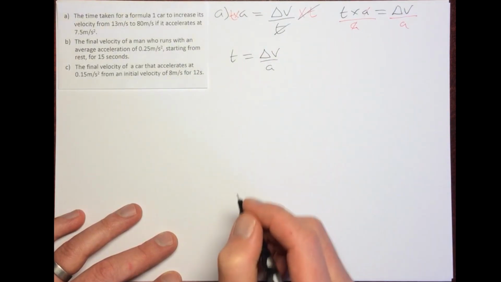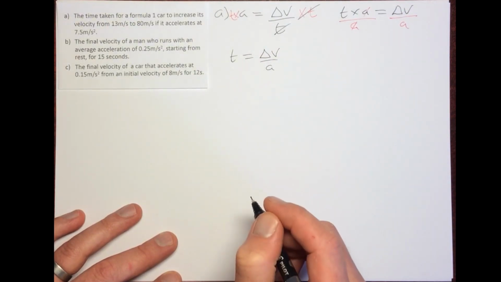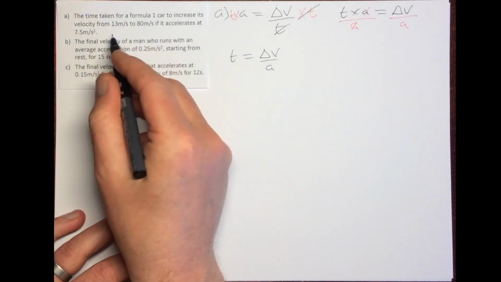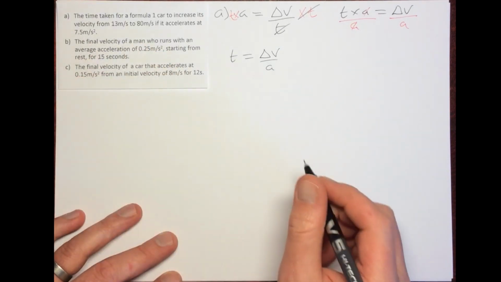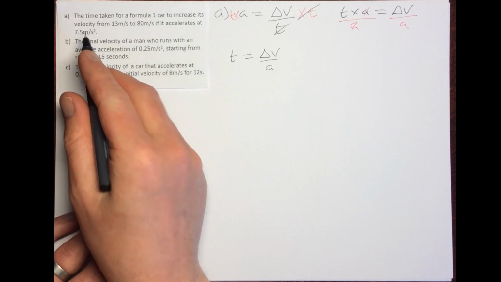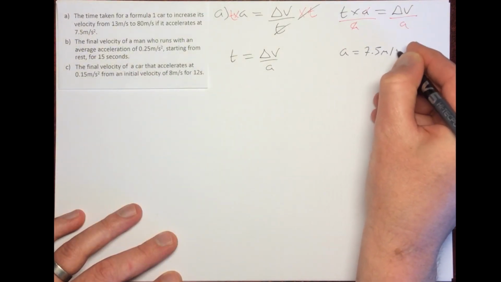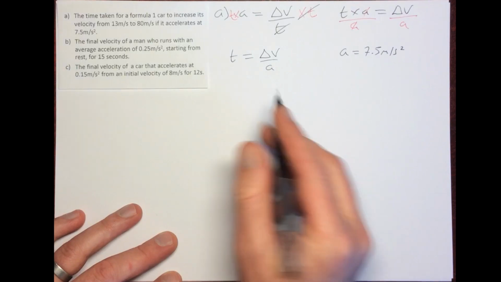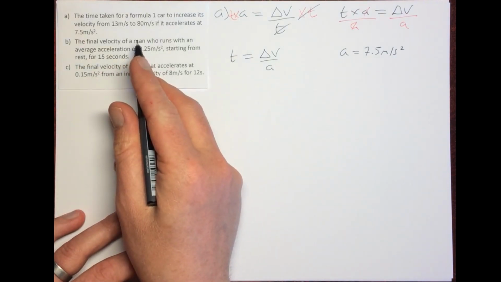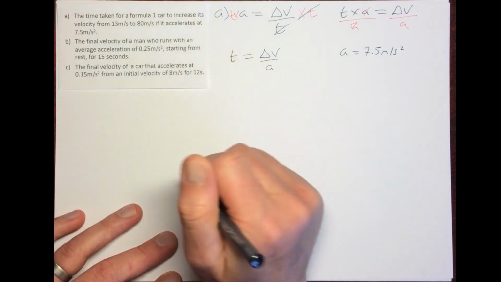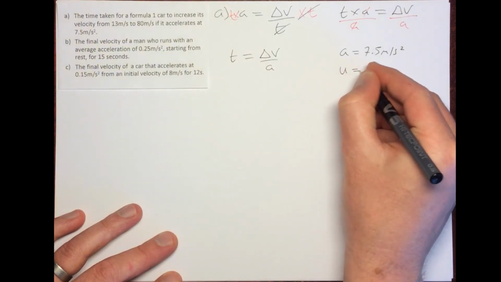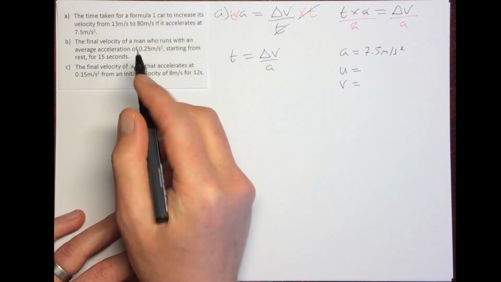Now it's worth writing down what you've got. Look at the equation, look at the question and think, what do I have? Well, I've got the acceleration, which is 7.5 meters per second squared. I don't have the time, and I also don't have delta v, but what I do have is the initial velocity and the final velocity.